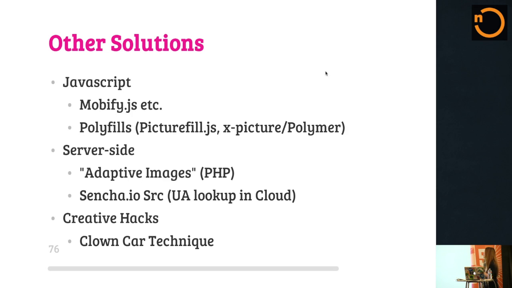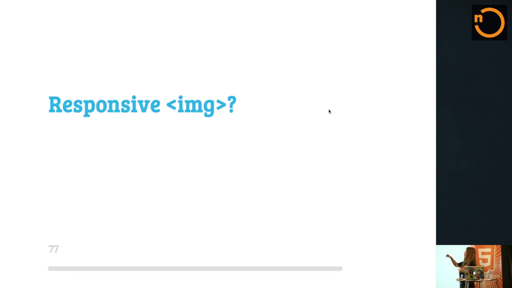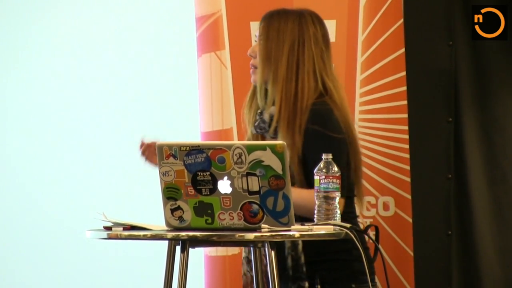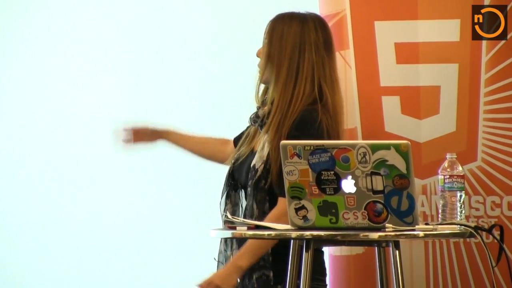But we're talking about images. We want the image element. How about using actual responsive images, like the image element, like semantic images? So obviously, the image element has been available in HTML as long as we know, it's old stuff. And this was meant to be made for responsive design.